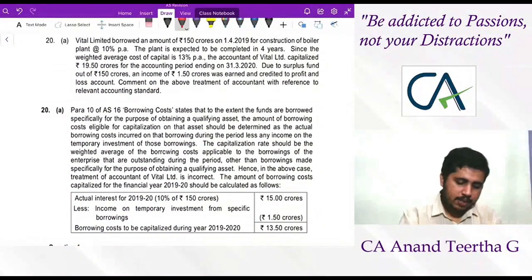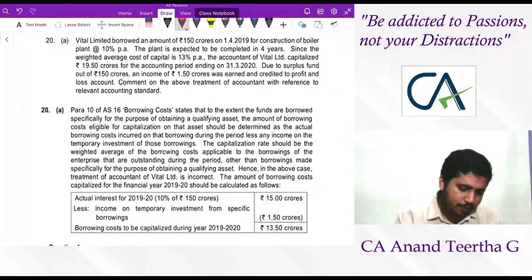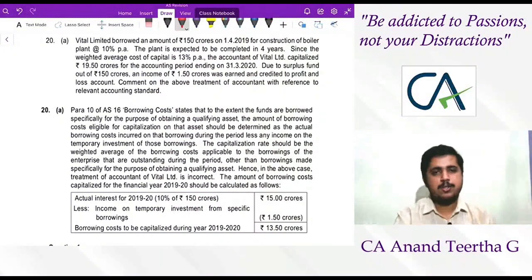Since the weighted average cost of capital is 13% per annum, the accountant of Vital Limited capitalized rupees 19.5 crore for the accounting period ending on 31/3/2020. Due to surplus fund out of 150 crore, an income of 1.5 crore was earned and credited to P&L account. Comment on the above treatment of accountant with reference to relevant accounting standard.